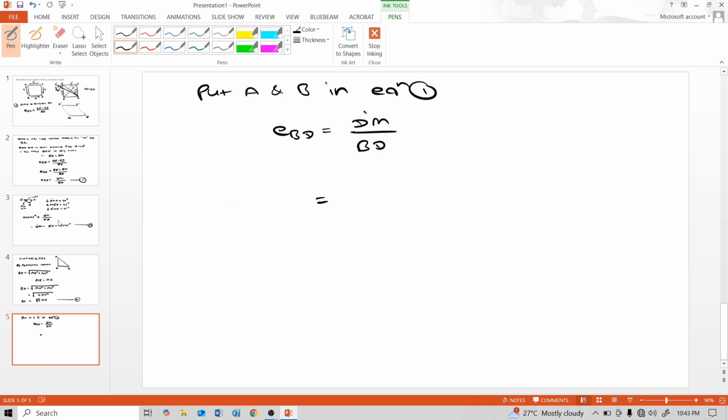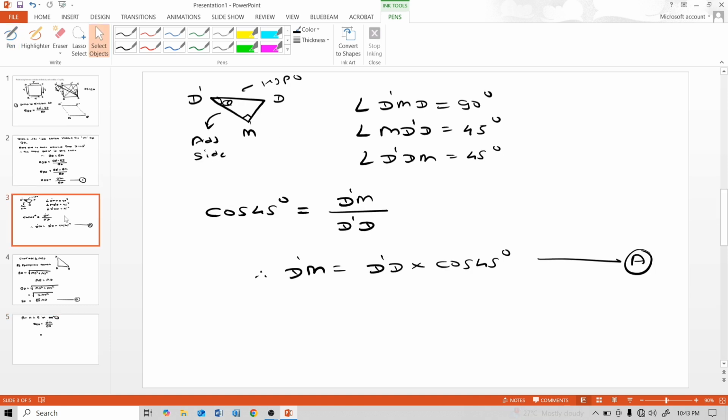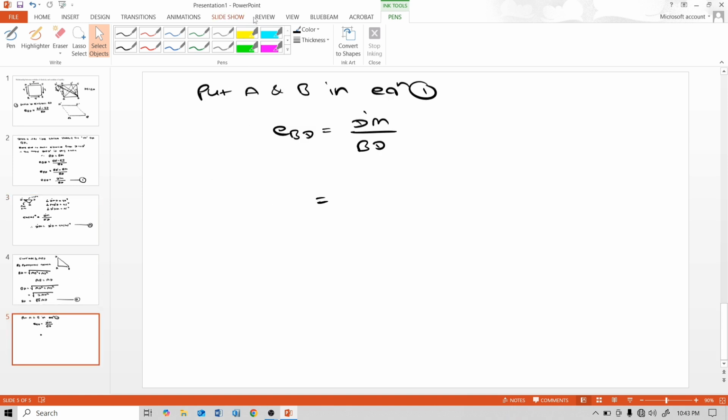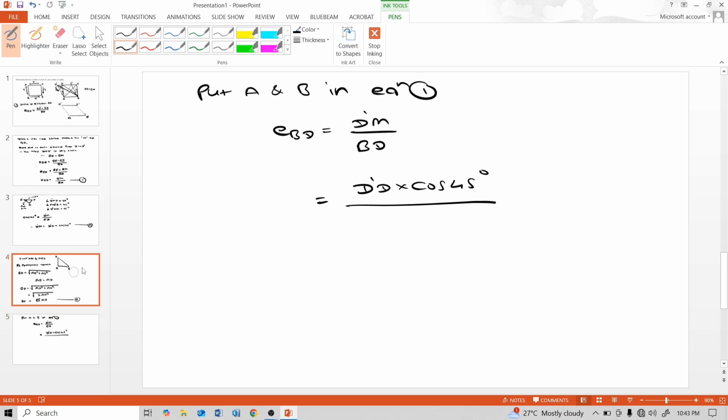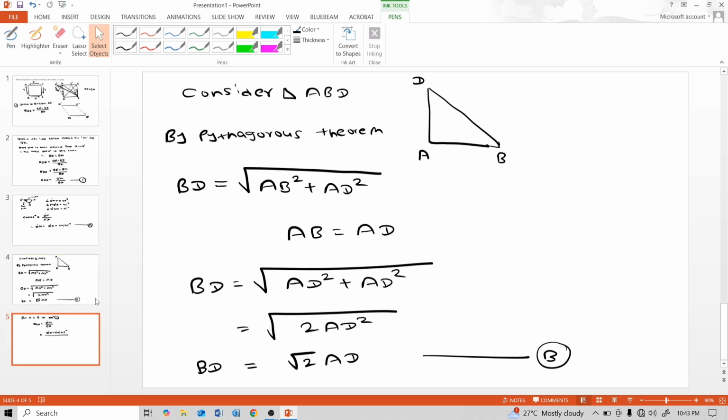From equation A, D dash M is D dash D into cos 45 degrees, upon BD which is root 2 AD.